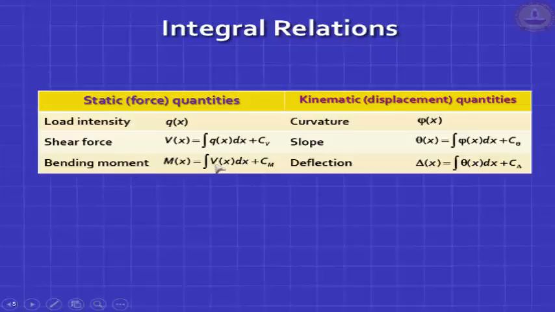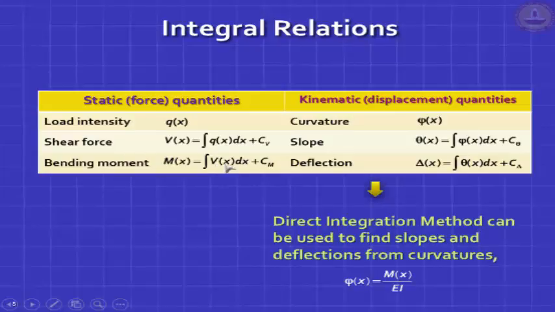And knowing this, you can get curvature. Curvature is M by EI. So you know curvature now. If you integrate curvature once, you get the slope. Again, apply boundary conditions. These boundary conditions are called kinematic boundary conditions. These boundary conditions are called static boundary conditions. These are geometry related. If you arrested a slope like in a fixed end, then you say at that end theta is 0.